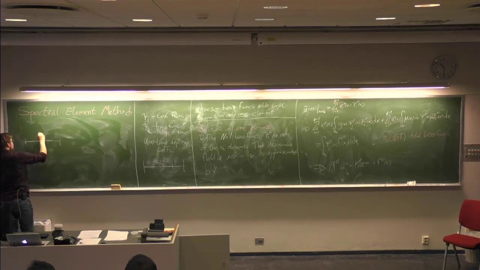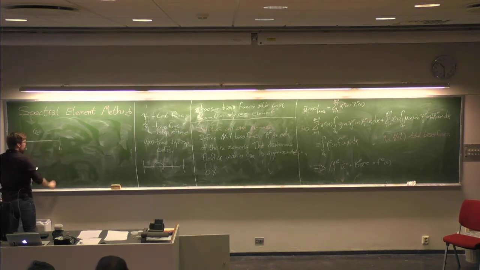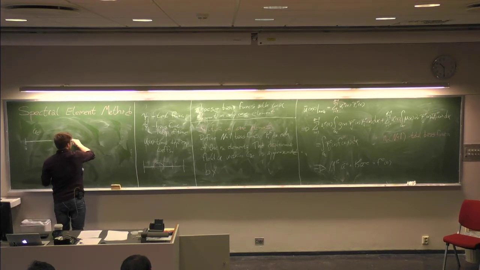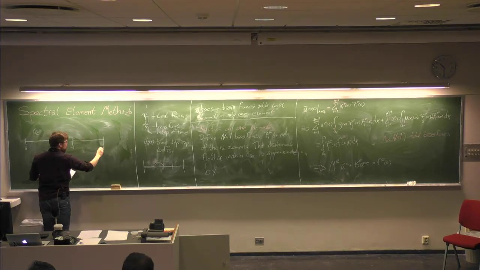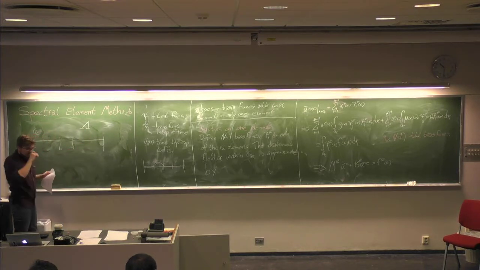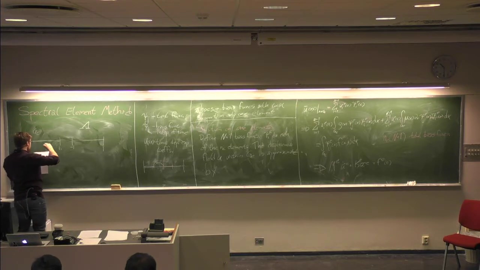So this is GE, let's go from A to B. And then we will have our reference element going from -1 to +1 here. I'm going to call this big lambda, capital lambda. So then we have going from GE to here.